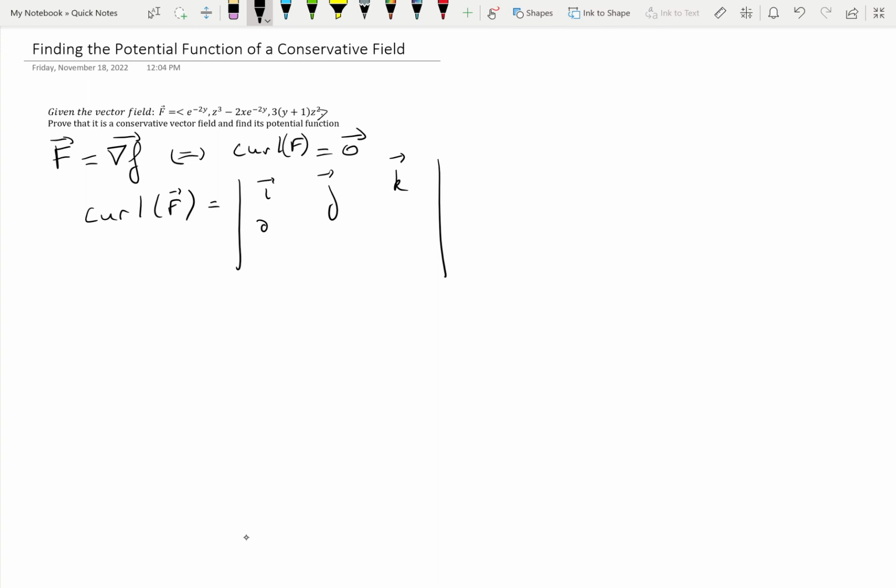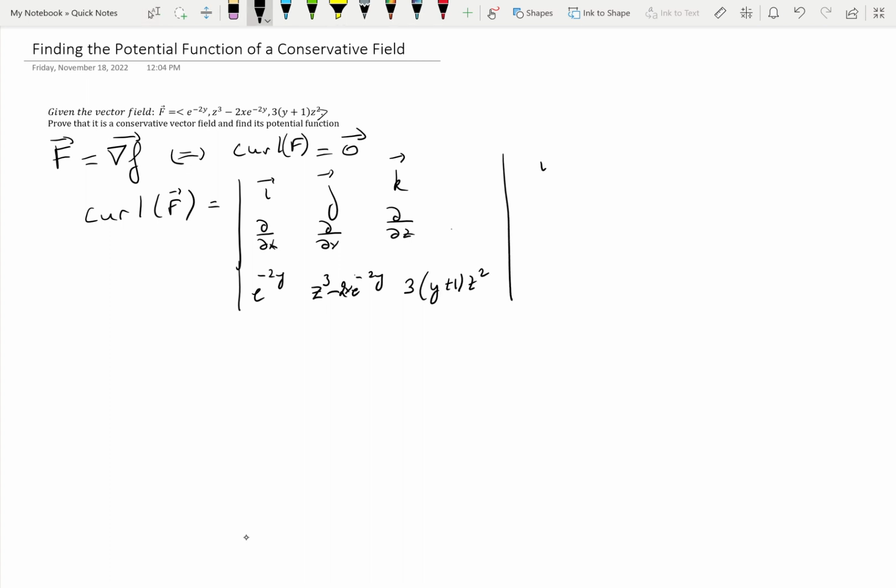Then this is the partial with respect to x, this is the partial with respect to y, this is the partial with respect to z, and then the last entries are the components of the vector field, which are e to the minus 2y, z cubed minus 2x e to the minus 2y, and then 3 times y plus 1 times z squared.